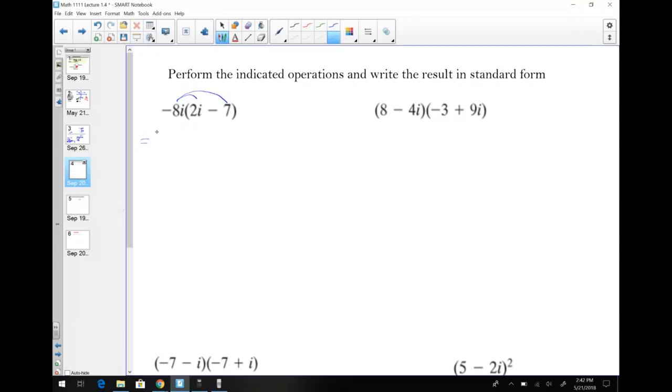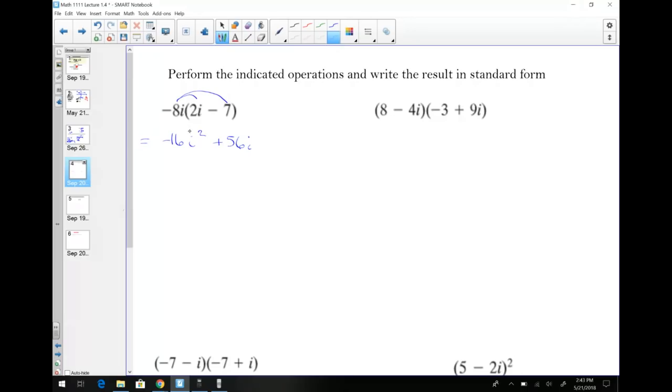Negative 8i times 2i gives us negative 16i squared. Negative 8i times negative 7 gives me positive 56i.